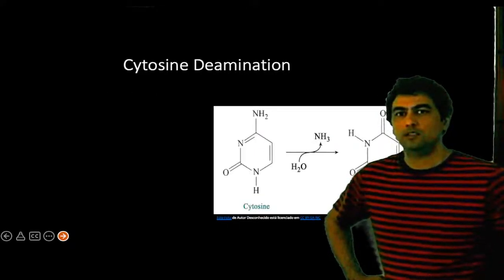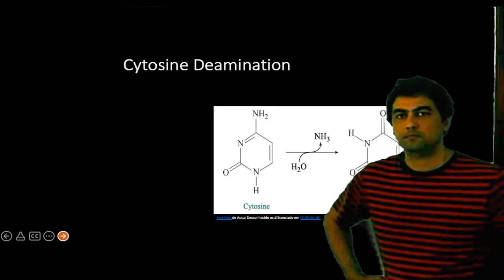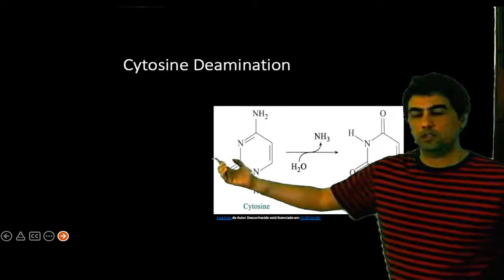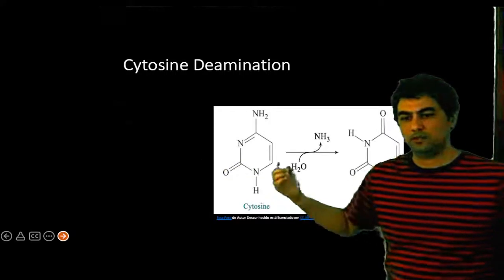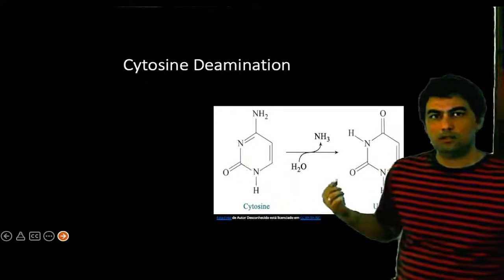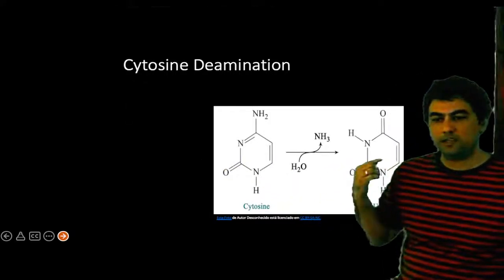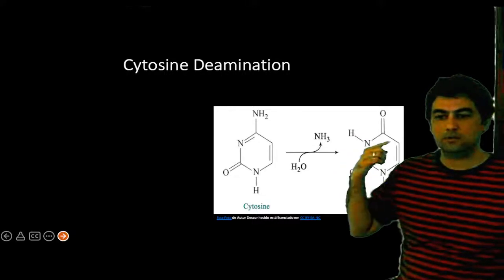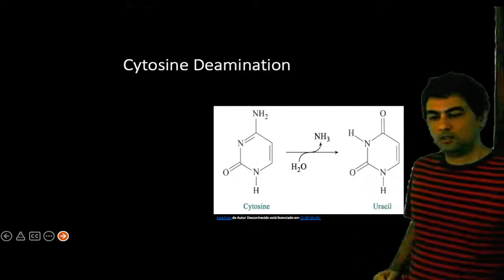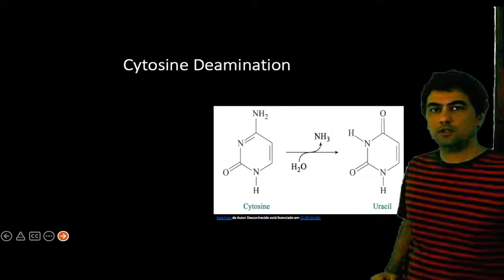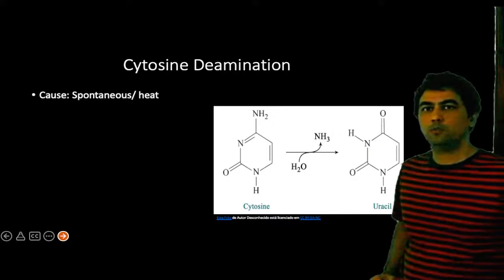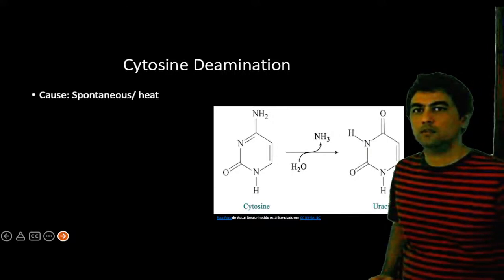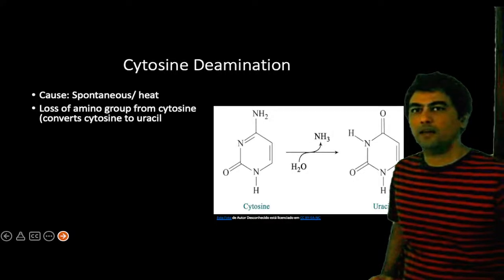You can see here a molecule of cytosine, and if you deaminate the cytosine, you make a uracil. Okay? This is called spontaneous or by heat.